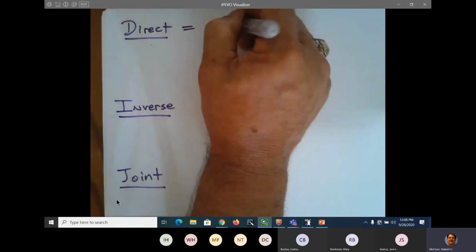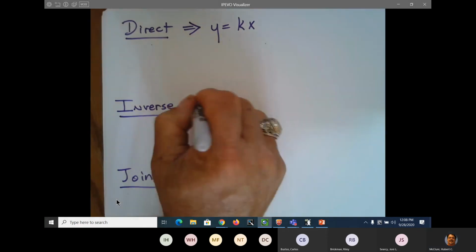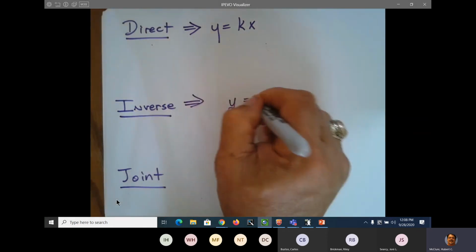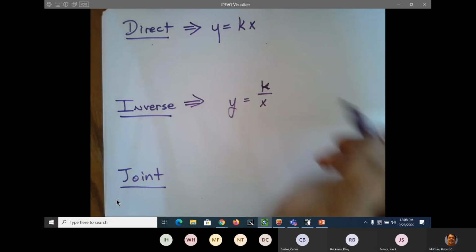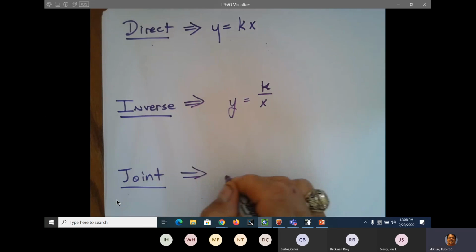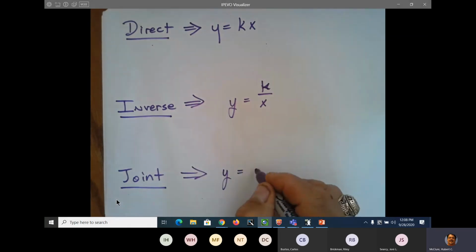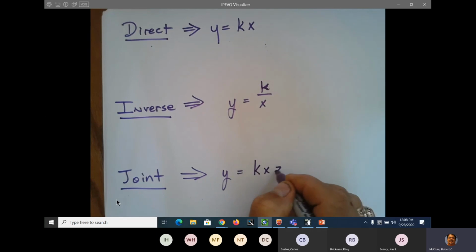y is equal to kx. That's direct variation. Inverse variation, y is equal to k over x. And joint, y is equal to kxz.